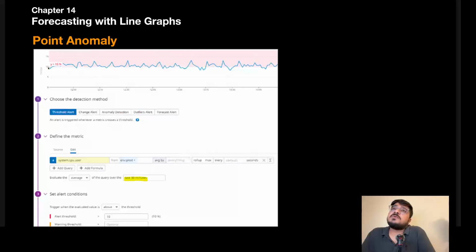If the value goes above 10, then you can count it as an anomaly. Now everything above 10 will be counted as an anomaly. For an anomaly to be detected, we need to understand that it should be a once in a while kind of moment, not a regular pattern.